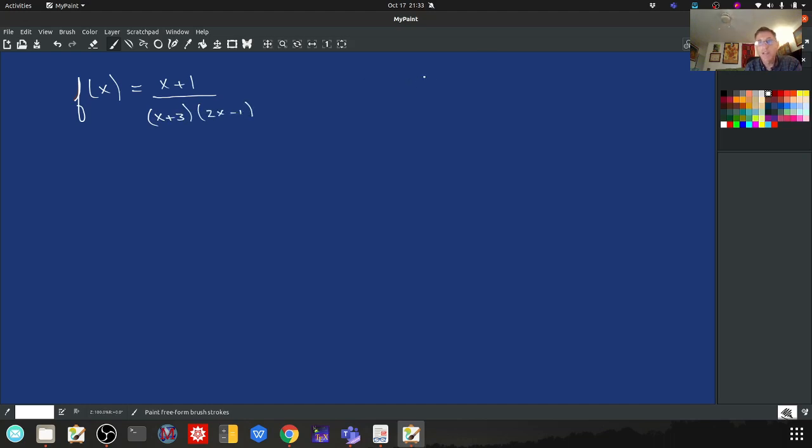So we want to find where the numerator is 0, at x is equal to minus 1, and where the denominator is 0, at x equals minus 3, or x is equal to 1/2.